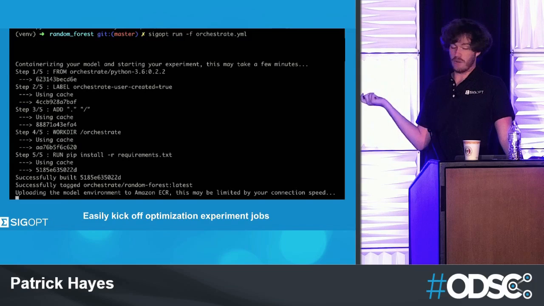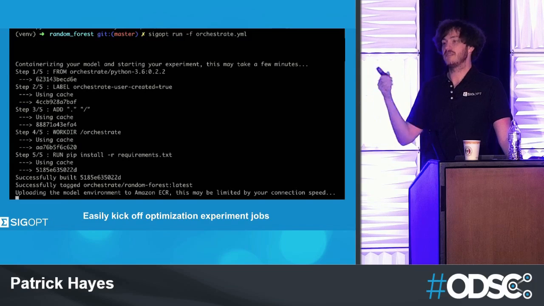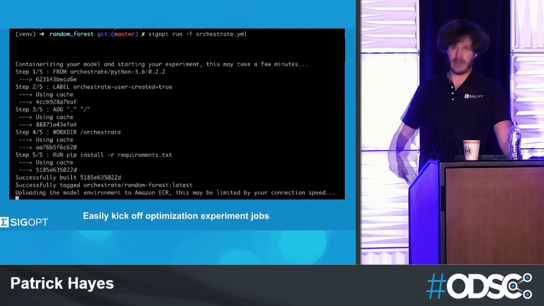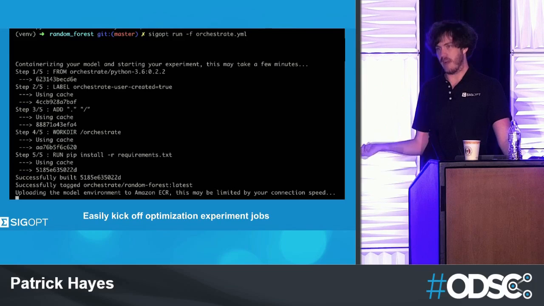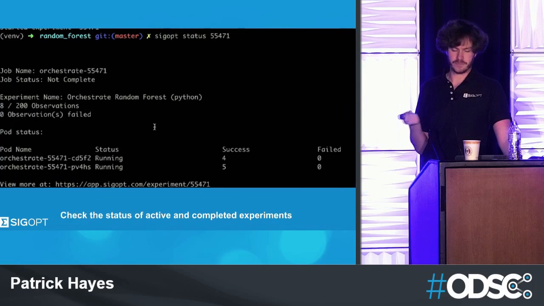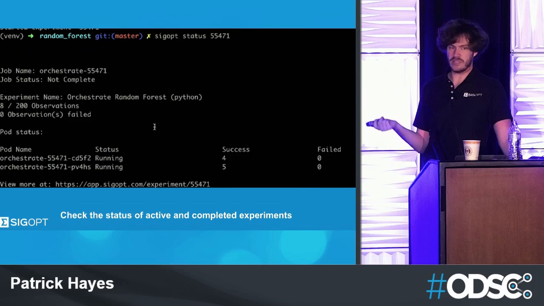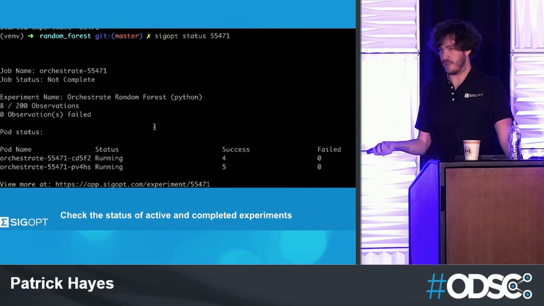So you use the SigOpt run command to containerize the model, submit it to your cluster, and start executing. All the dependencies and setup are already included and packaged into the container. Then the experiment's begun. You can close your laptop and walk away and come back when the optimization is concluded. There are additional capabilities. You can use the CLI to monitor the status of your experiments.